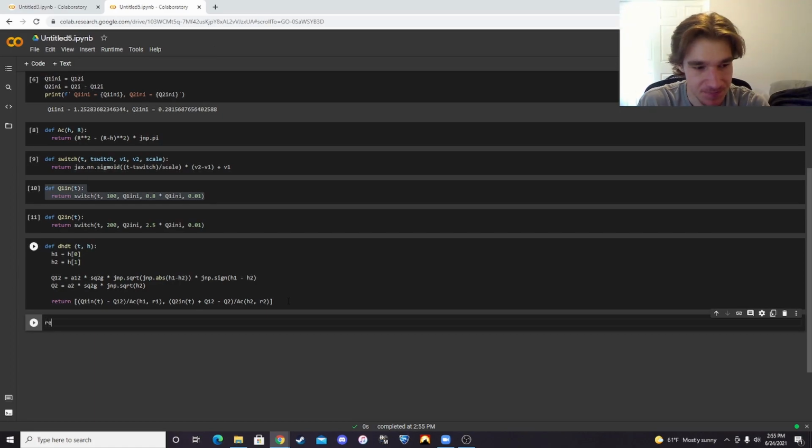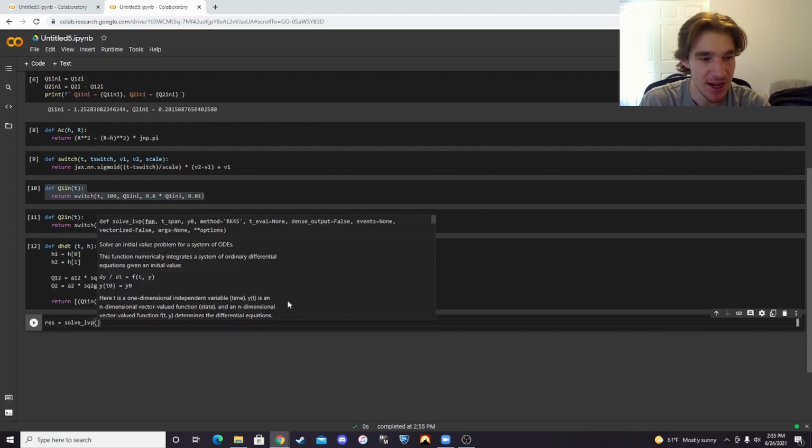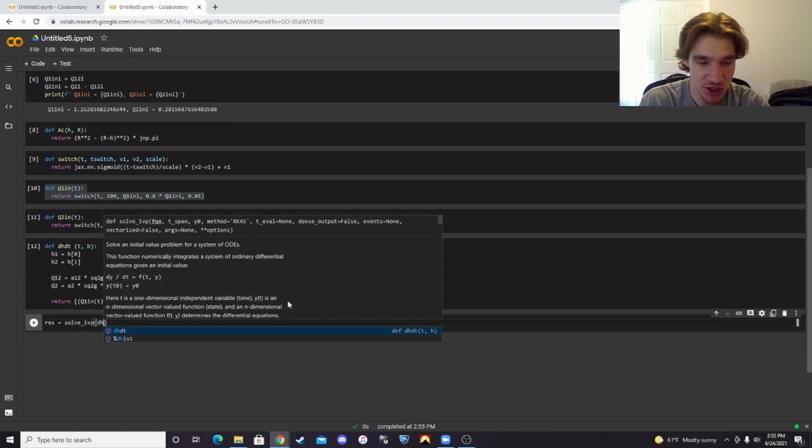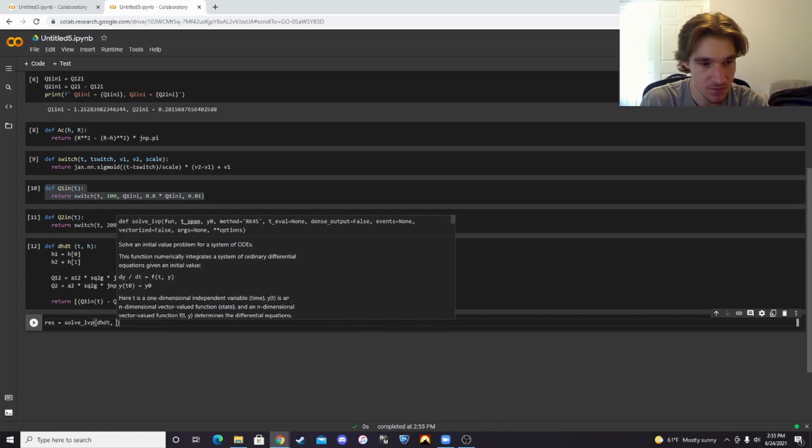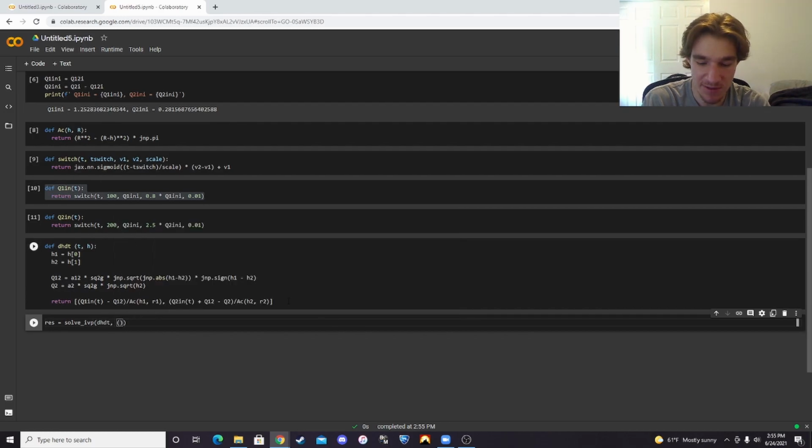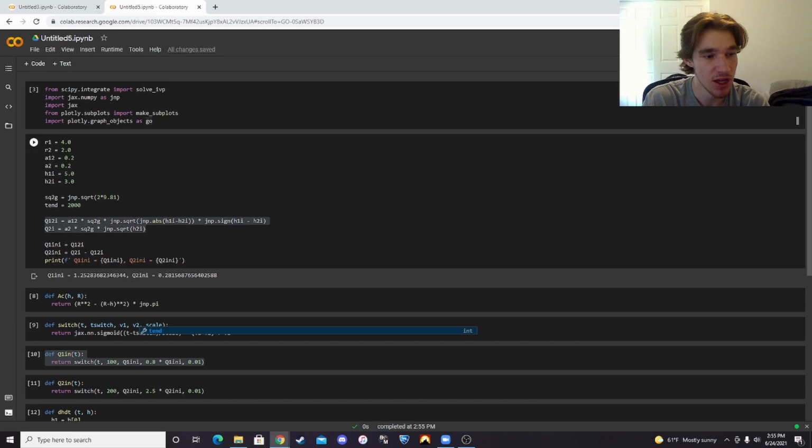To do this, we need to set a variable to what we want it to be, and I like using res. So res is going to be equal to solve_ivp, solve initial value problem. And then it tells us exactly what we need. We need our function, dh dt. Time span, we want our time span from 0 to tn. That's why I created the tn variable up here.